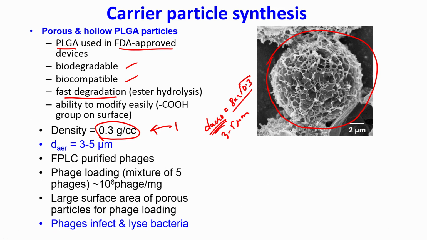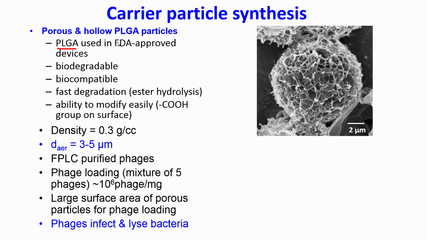Then what they have done is they have used bacteriophages. They found bacteriophages which are specifically targeted against Pseudomonas, and they have purified that using a procedure called fast performance liquid chromatography, and eventually they have went ahead and loaded these phages onto these particles, and the loading is done by simple adsorption.